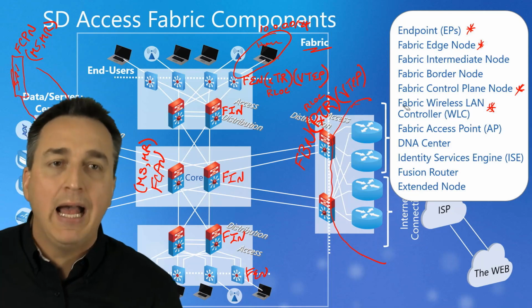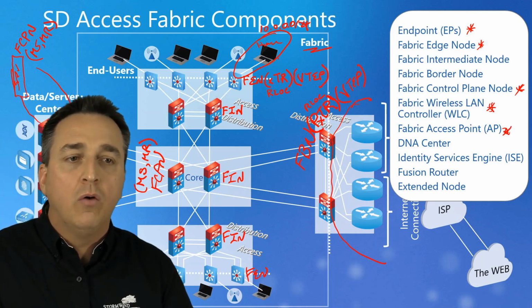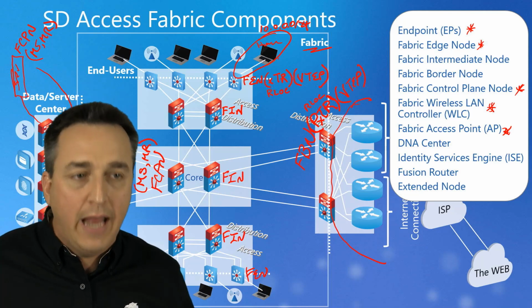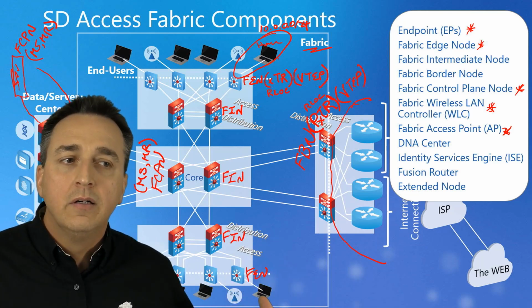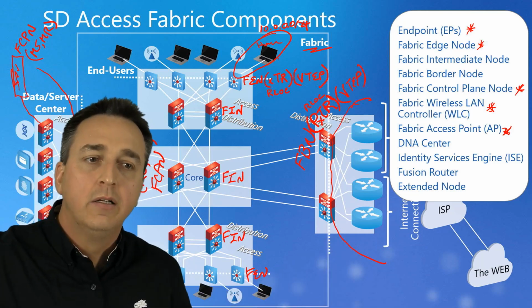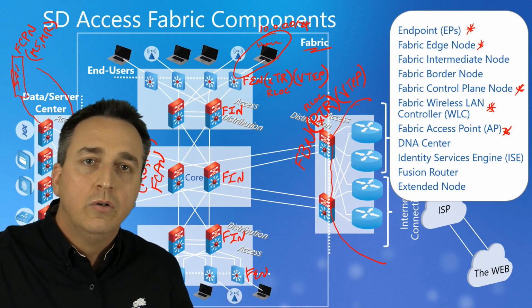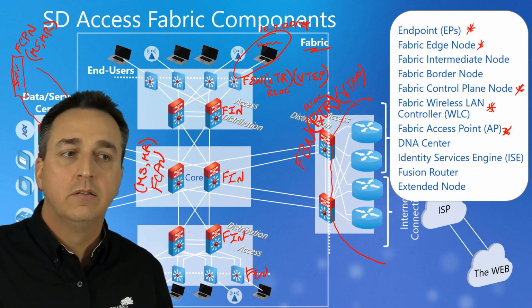And then you got your fabric access points. So as we said, our fabric access points are wireless access points that are fabric enabled. They're part of the overlay. They connect wireless clients to the fabric, specifically our fabric-enabled SSIDs.